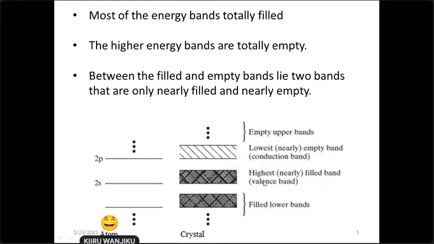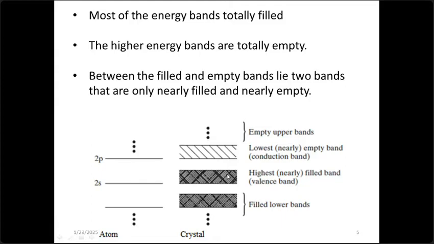And above the conduction band, we have many levels which are empty, and we can call them empty upper bands. The same thing is happening here around the valence band.